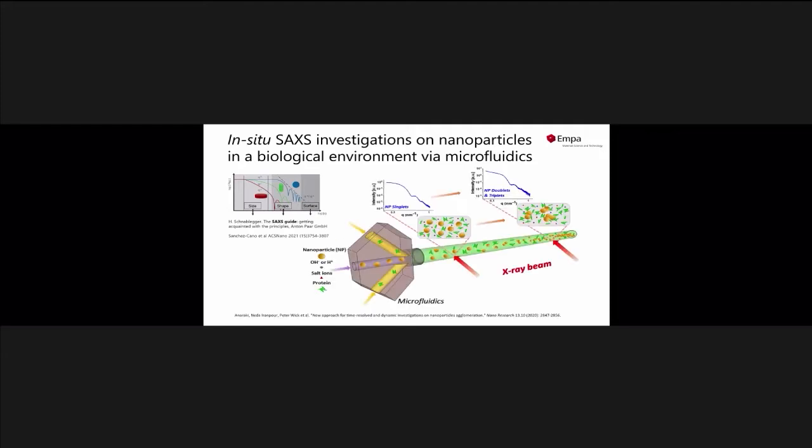And in order to have a good approach, we developed this microfluidic device, which has a first part, a kind of classical mixing device where two fluids come together. In the middle, we have the particle solution, and from top and from bottom, the mixing buffer system is added.